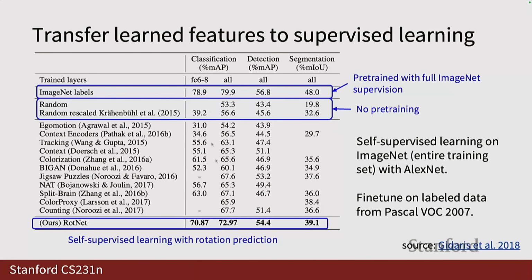And see how much better it is than starting with a random initialization of the weights. Random initialization versus pre-training with the rotation pretext task, the difference is huge, and this rotation pretext task is not equal, but it's close to pre-training on the entire ImageNet.